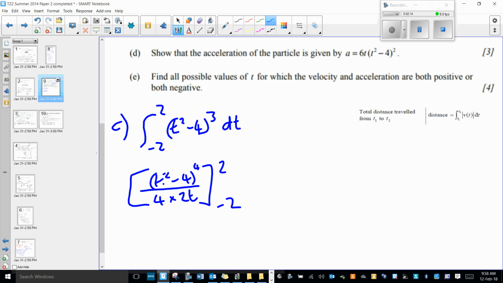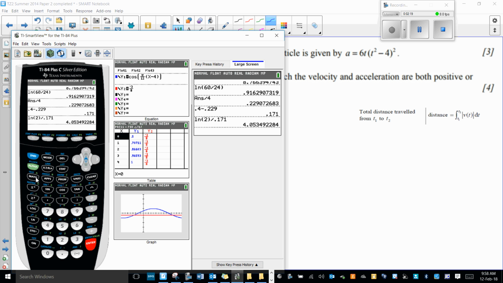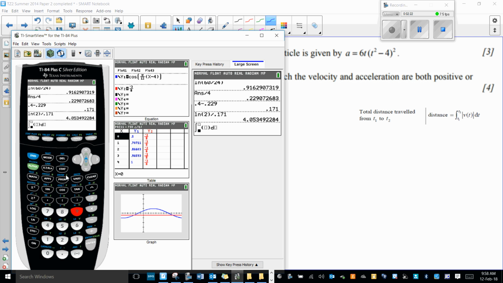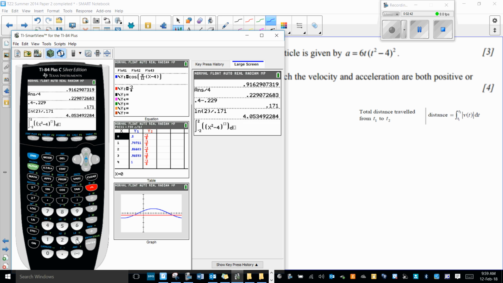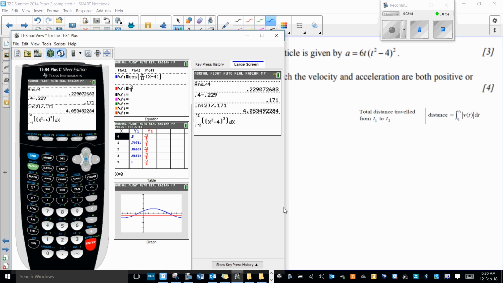What am I doing? It's calculator paper. So that's 9. So negative 2, 2. Let's open up bracket, squared minus 4, close bracket, power 3, gives us 1.